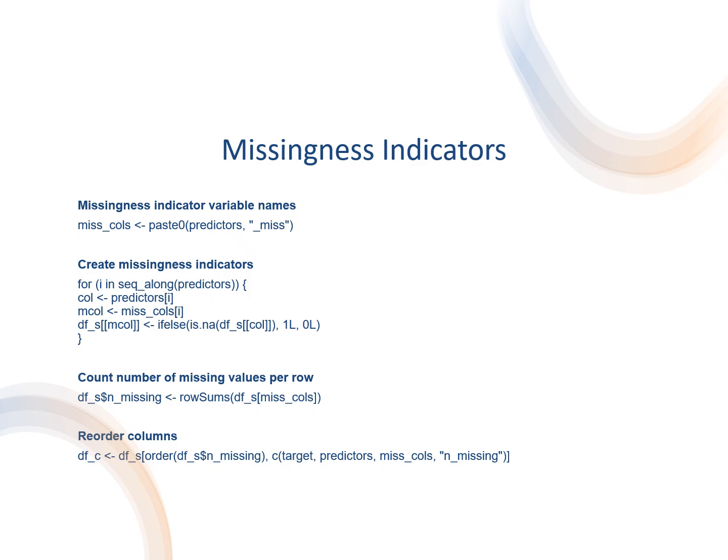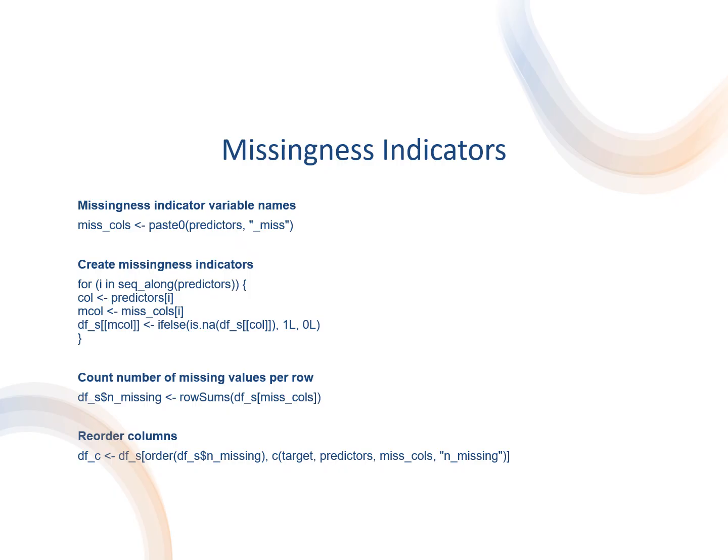If we see this slide, I created the missingness indicators for every predictor variable. Each is a new variable that is 1 if the original value was missing and 0 if it was present. These indicators allow us to check whether the absence of the information itself predicts diabetes or not.